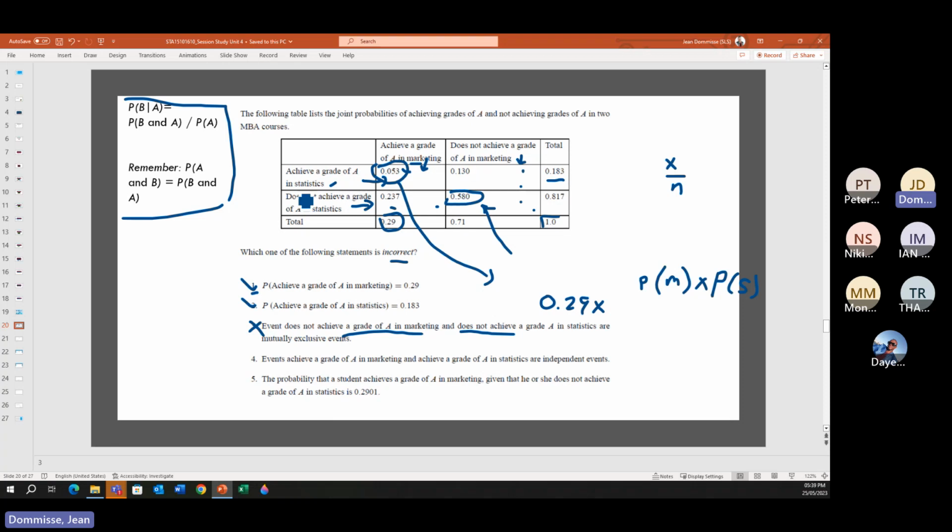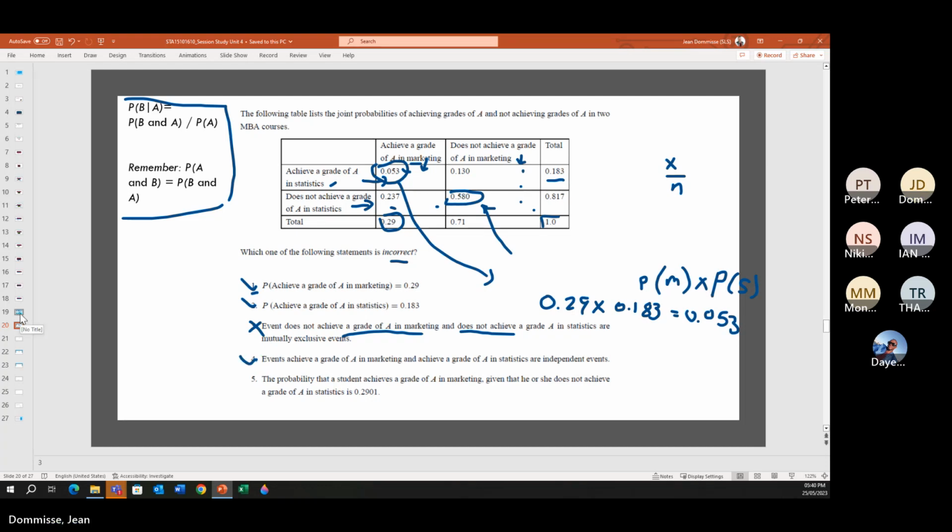If I multiply it by the probability of A in stats, which is 0.183, I should get 0.053 for it to be independent. So 0.29 times 0.183. Okay, so that answer is 0.053. Okay, so because it is the same, I can say that the two events are independent.